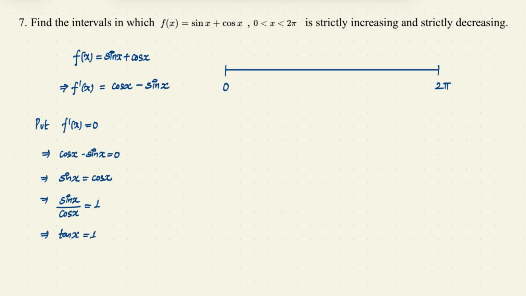For that, let us make our quadrants. So here are my 4 quadrants, and as you can see the value of tan x is plus 1. That means tan x is positive, and we know that tan is positive in 2 quadrants, that is in the first quadrant and in the third quadrant.